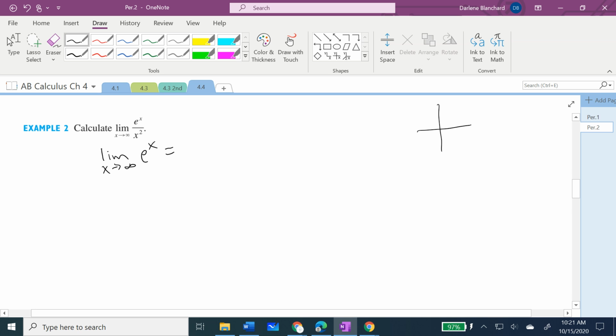E to the x, here's a sad version of it, but exponential functions, asymptote on the left end, head to infinity on the right end. The answer to this limit is infinity. X squared, no need to explain, it's infinity. So this time we have the infinity over infinity situation, and L'Hopital's rule says, go for it. Do it.